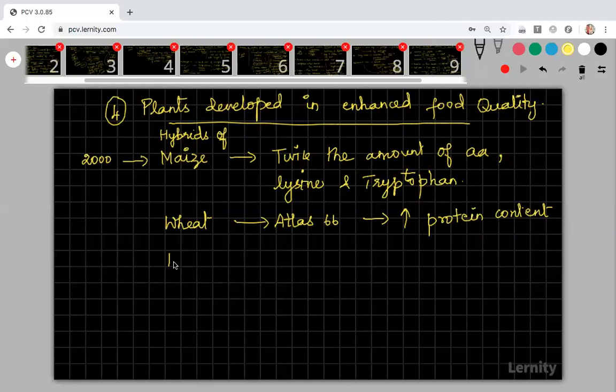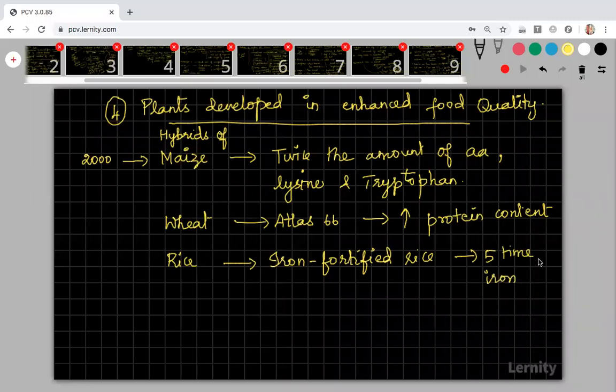And in rice also, we have a hybrid variety called iron fortified rice. This iron fortified rice variety contains 5 times more iron than the normal variety of rice.